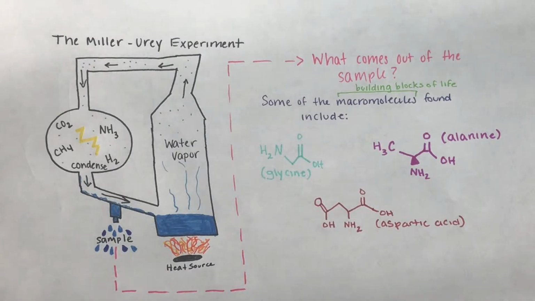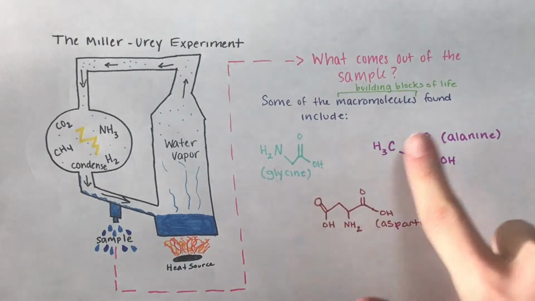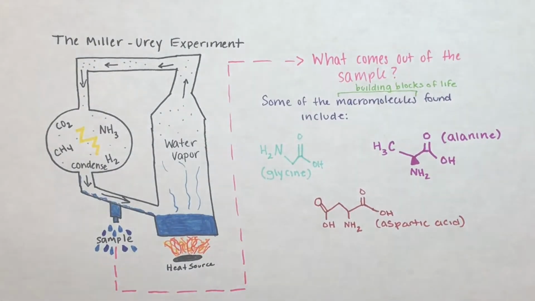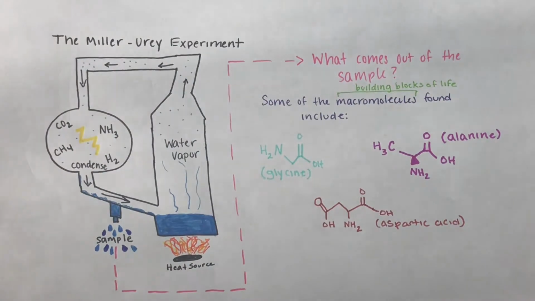And some of these amino acids came out of this experiment, like glycine and alanine, which are shown here. And the idea is that theoretically this experiment should come with 50-50 chirality. These molecules are under the exact same confines, they have the same gases they're subjected to, so they should come out 50-50 heterochirality.